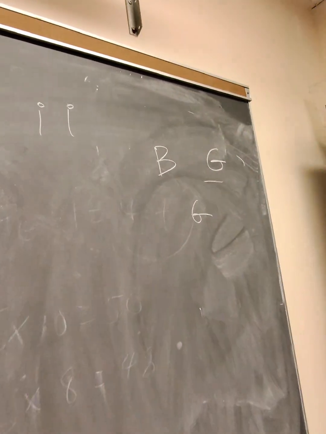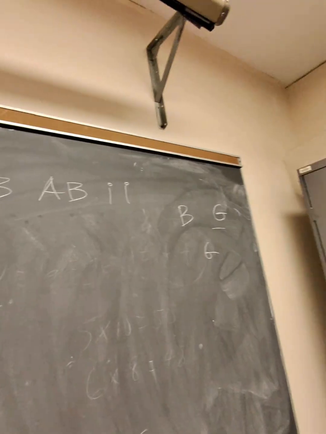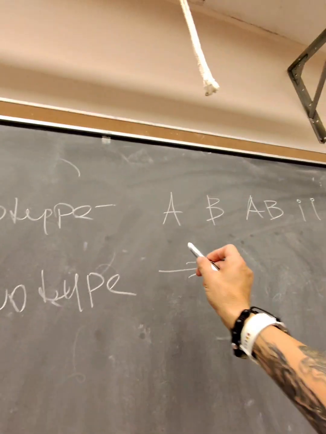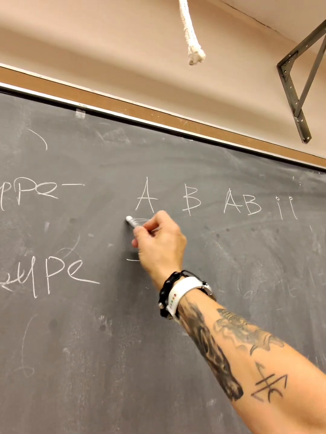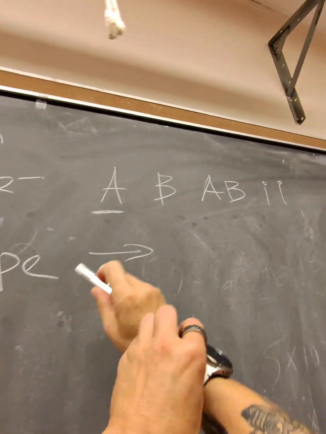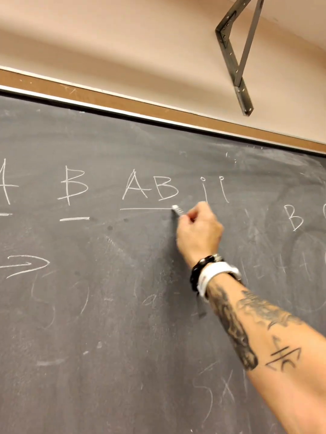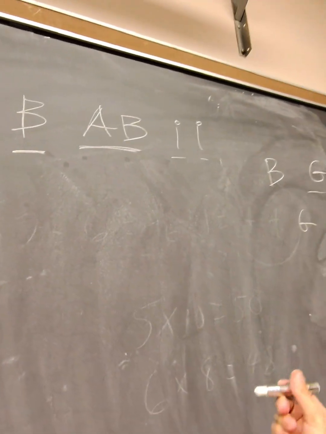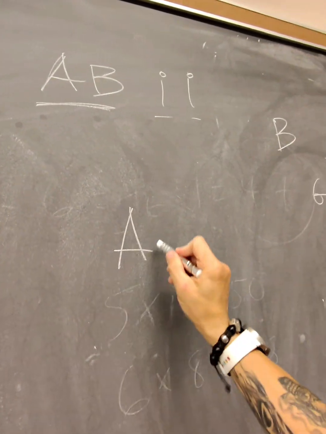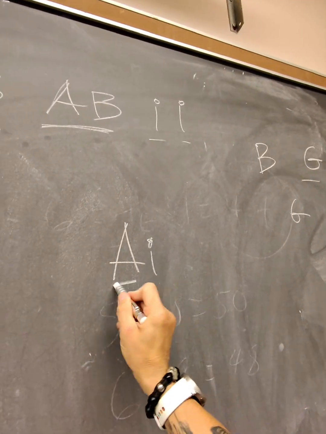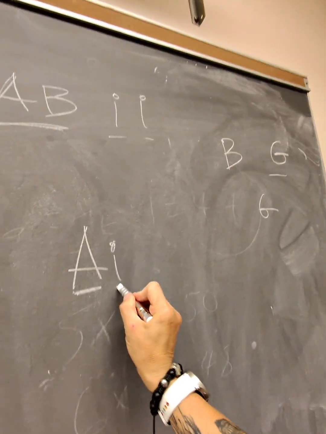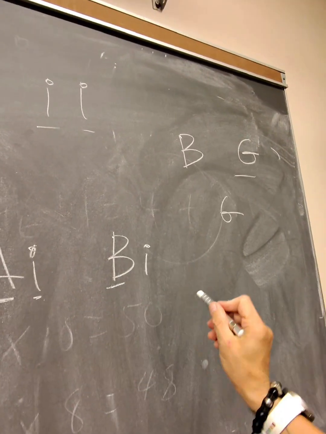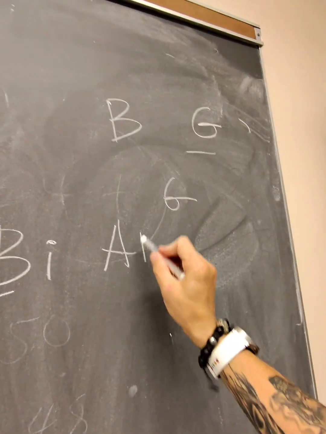So the phenotype of the eye color would be green. There are dominant genes and there are silent or recessive genes. When it comes to the genotype of the blood type, A is dominant, B is dominant, AB both dominant, but O is recessive. So a person could have dominant A and recessive O. Another person could have dominant B and recessive O. Another person could have AB.